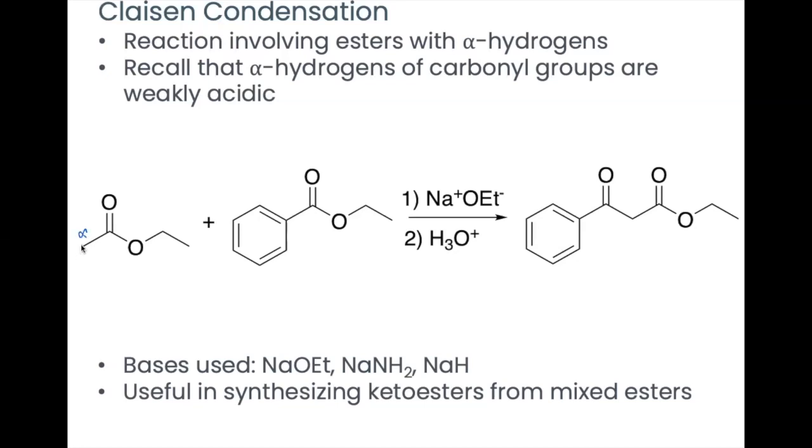This is your alpha carbon, and therefore you have an alpha hydrogen. Okay. So here you have an ester. Well, you have two different esters. The reactant requires the use of a strong base, such as sodium ethoxide. So what it does, you have here a strong base, and your alpha hydrogen is the acid.